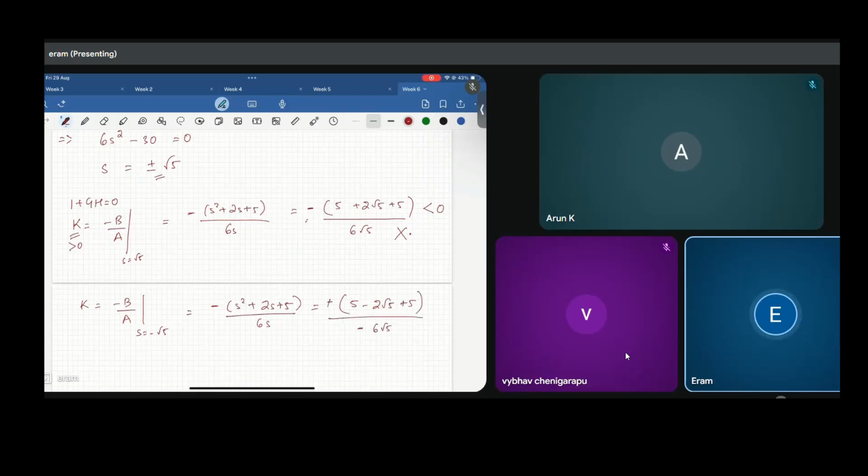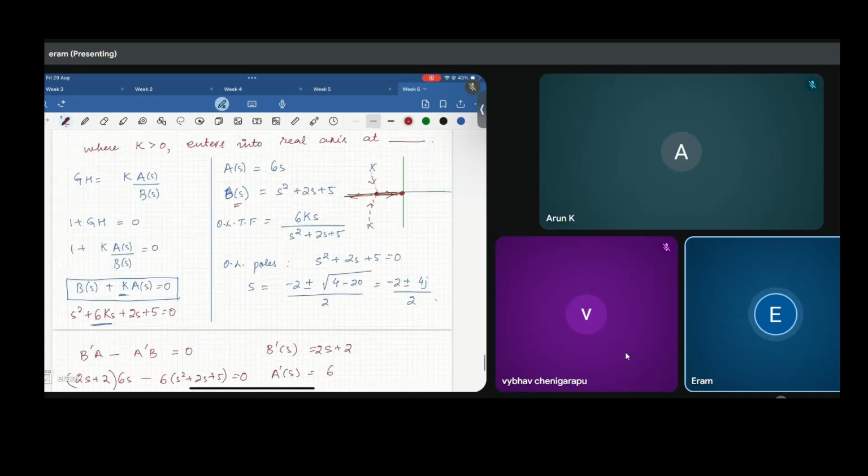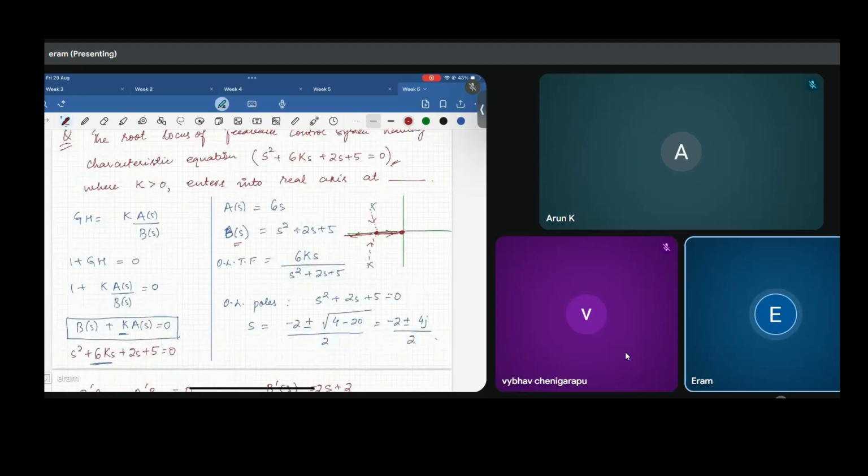These minuses will cancel out, and 5 plus 5 is 10, and 2 root 5 will anyhow be less than 10, so the numerator is positive and the denominator is also positive, so it will be some positive number. So it is a valid point which lies on the root locus. Therefore the root locus enters the real axis at s equals minus root 5. This is the correct answer.